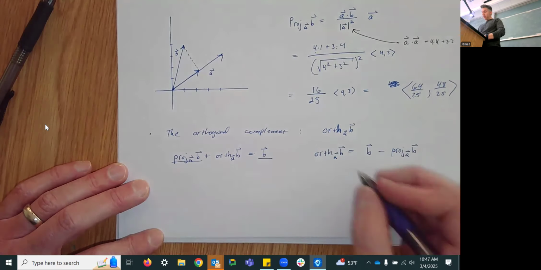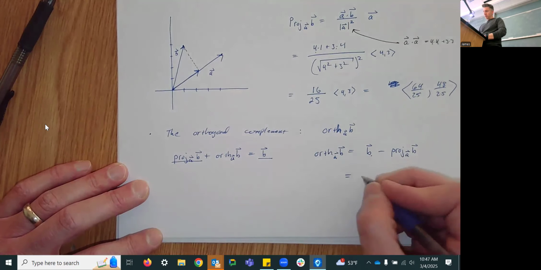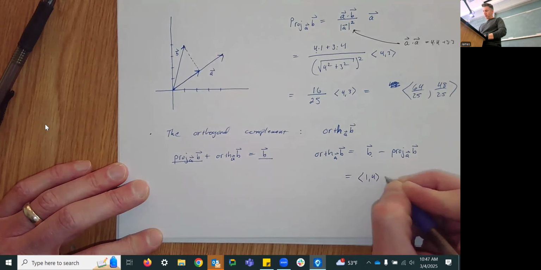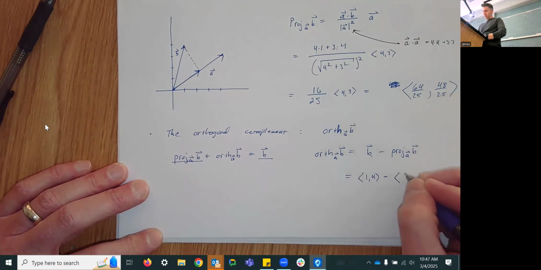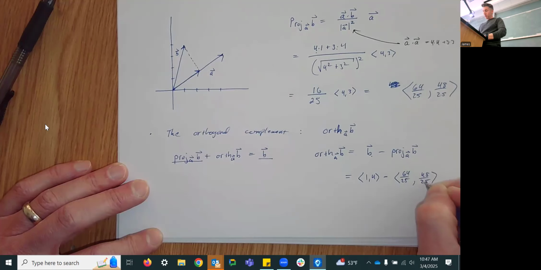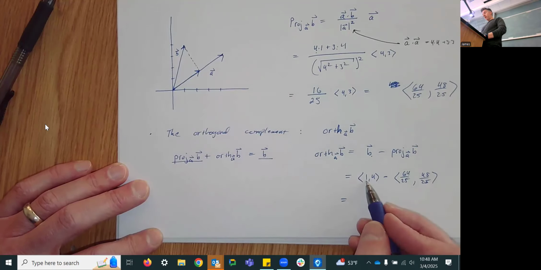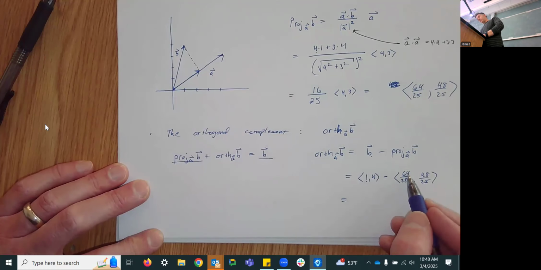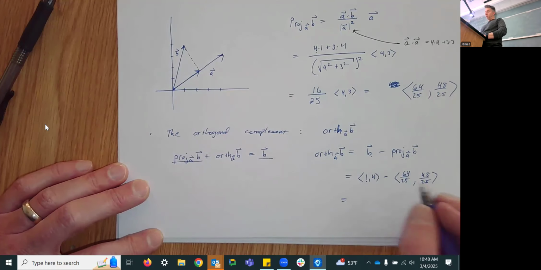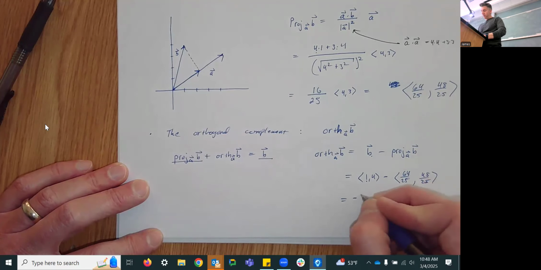In this particular case, it's going to be B, which is 1 comma 4, minus our projection, which is 64 over 25 comma 48 over 25. Doing the subtraction, 1, which is 25 over 25, minus 64 over 25 is going to be negative 39 over 25.